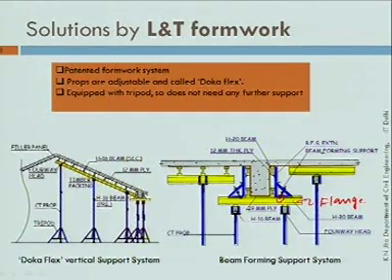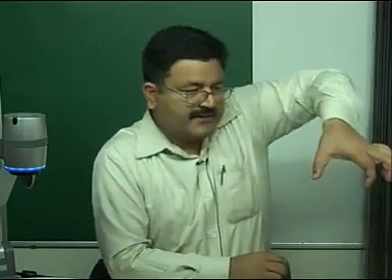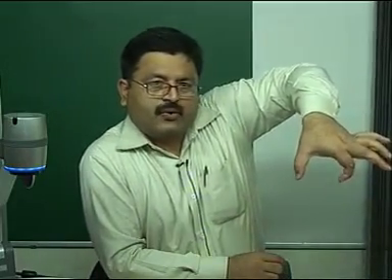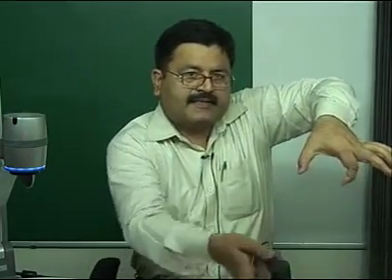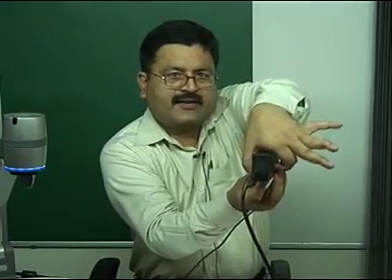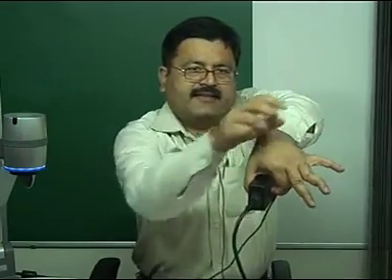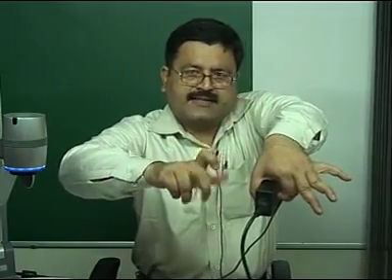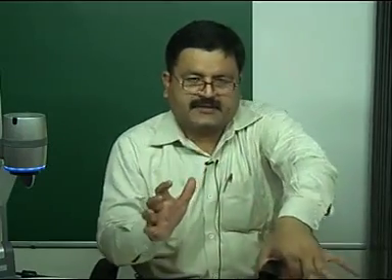Can you focus on me? There is a clamp which holds the H16 beam, something like this. Say for example, this is your flange, so it will just go and hold it tight, and then there is a nut through which you tighten it so that it is able to resist the pressure. Do you understand this?